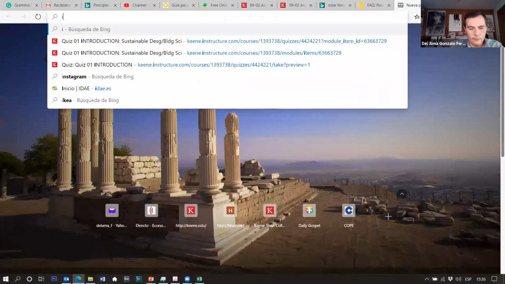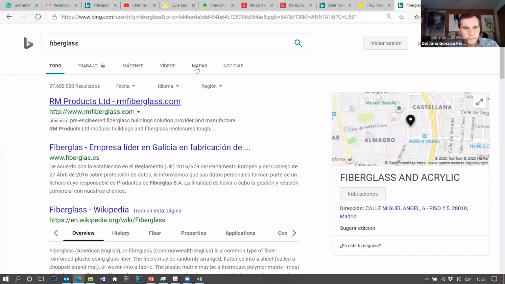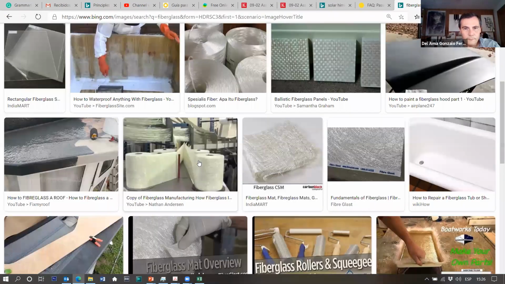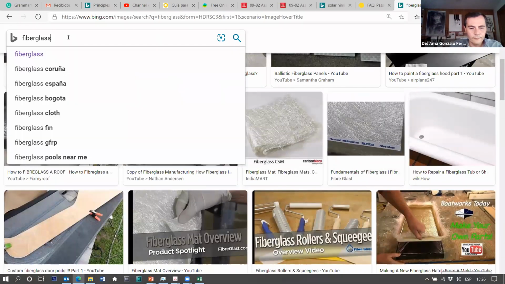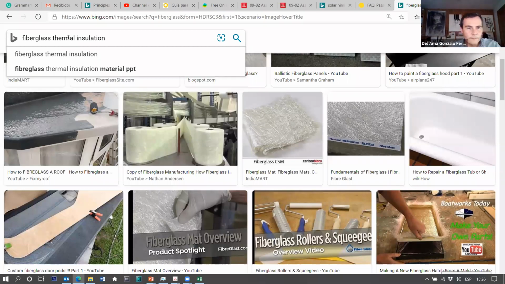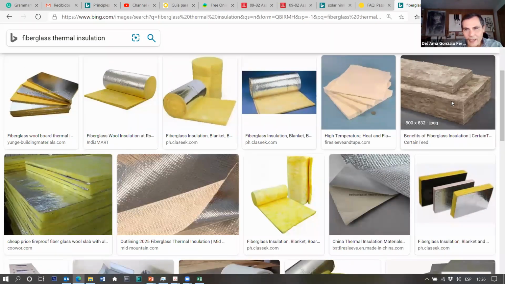Fiberglass. Thermal insulation. Yeah, there you go. So this is fiberglass.